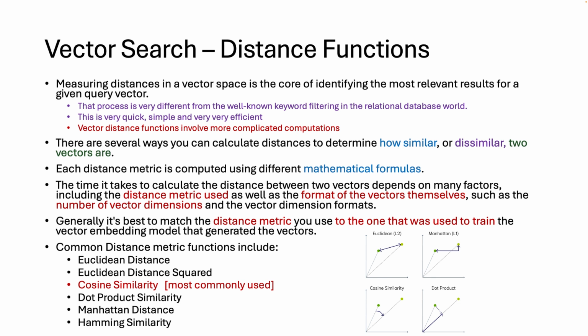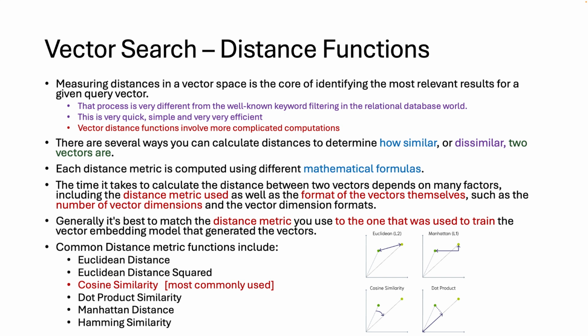Then we have Euclidean distance, and then Manhattan and Hamming and dot as ways of finding other kinds of similarities. They're just trying to find, based on these different vectors, how close or not these vectors are to one another, and also based on how long these vectors are in relation to all of that.